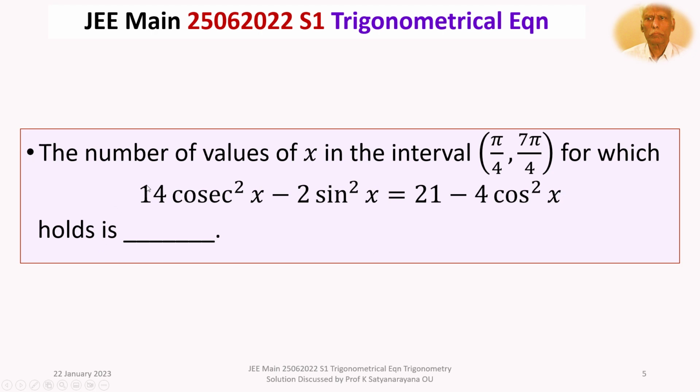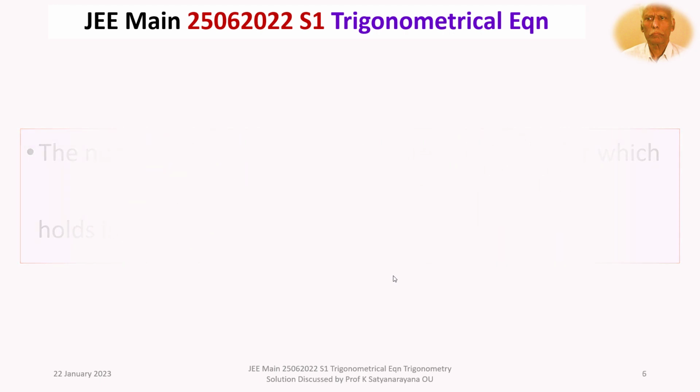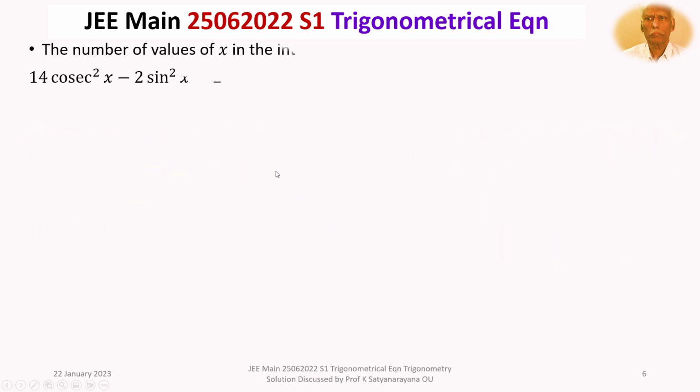We have to find the number of solutions of this trigonometrical equation in this open interval pi by 4 to 7 pi by 4. We now discuss the solution of the problem in detail.